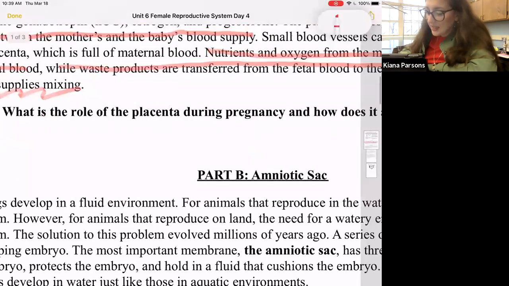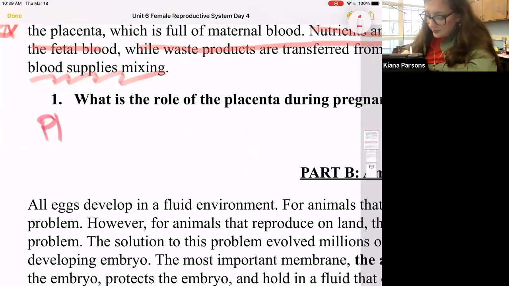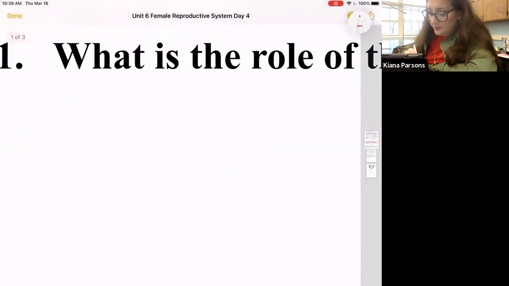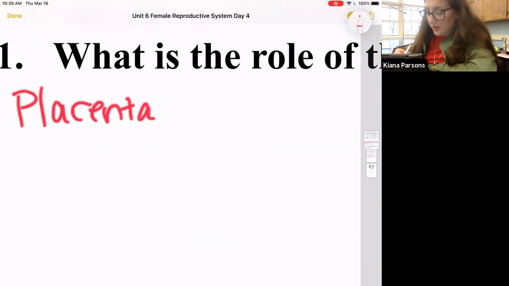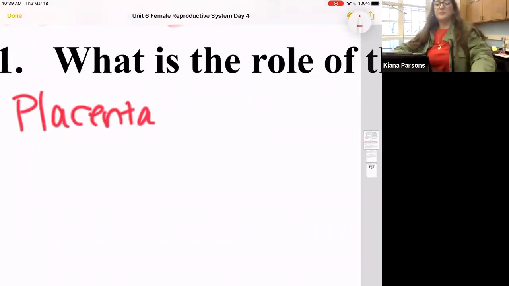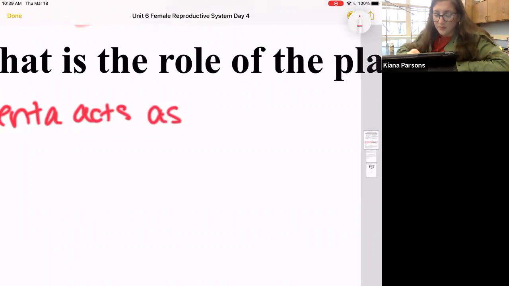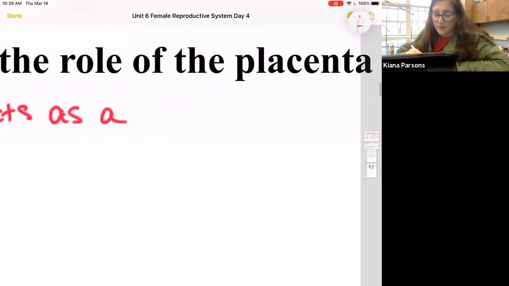The placenta acts as a trading post. And again, I'm getting this right from the text.